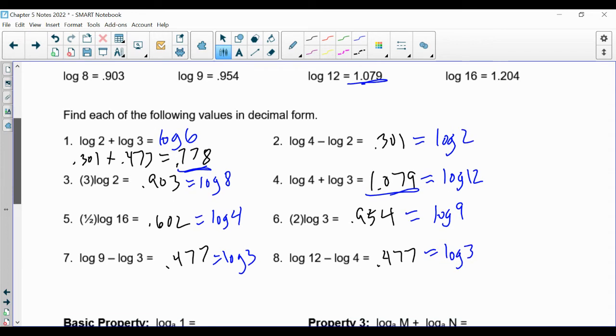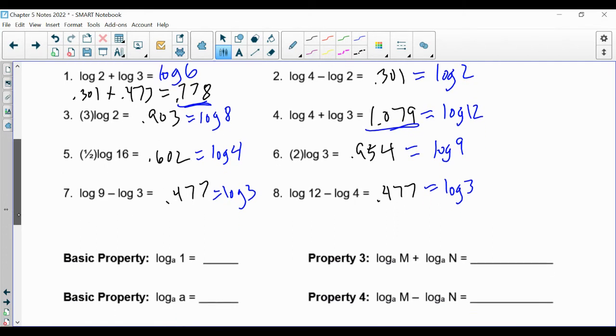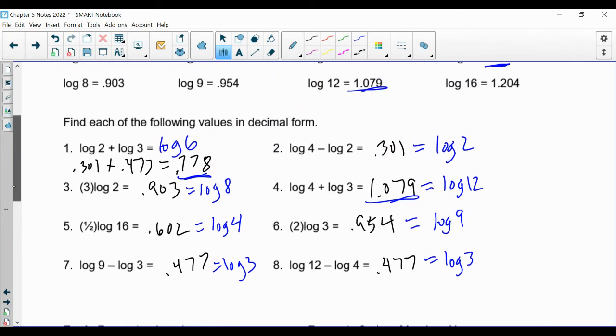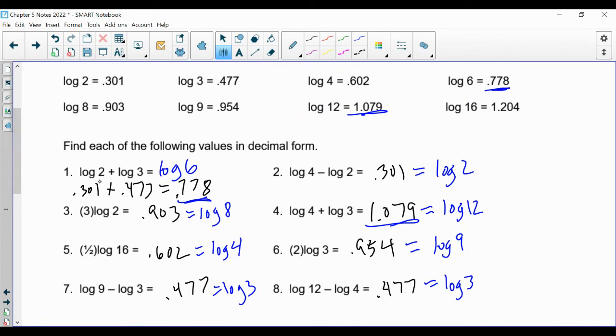So you look through this and maybe you notice some patterns, maybe you don't. But we're going to go through them anyways, just because these will make a lot of things much easier for you and allow us to do some really interesting things with logs. If you look at the first one, when it was addition, 2 times 3 is 6.